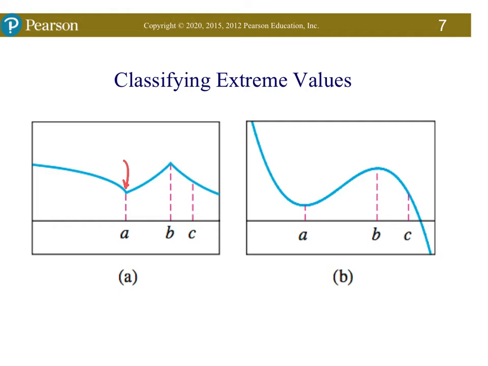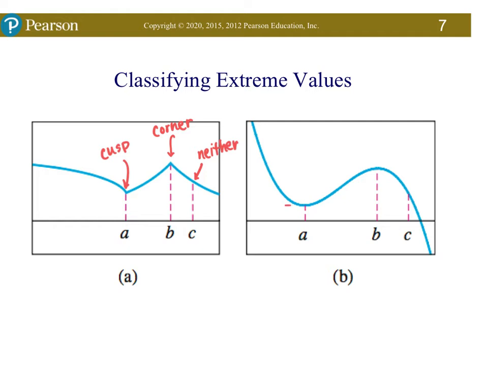Right here, we see a cusp. And we'd say, oh, it's a critical point because it's a cusp. And right here, we would say, oh, it's a critical point because it's a corner. This point right here is neither. So it is not a critical point because it's not a corner or a cusp or a horizontal tangent.